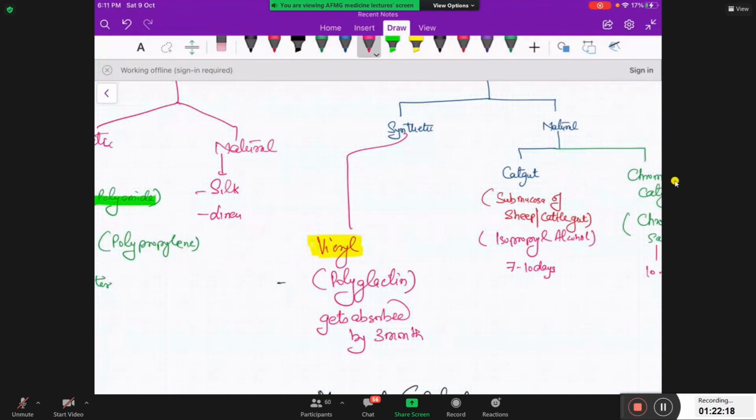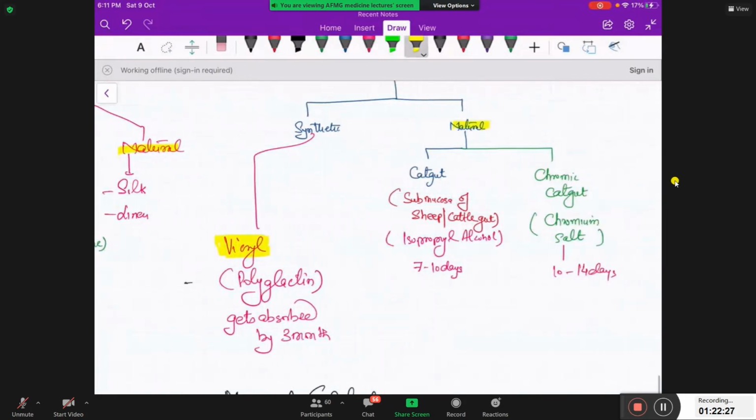Obviously natural, because they are derived from different species. So the latest guideline says that we should avoid natural suture material and use synthetic suture material, right?